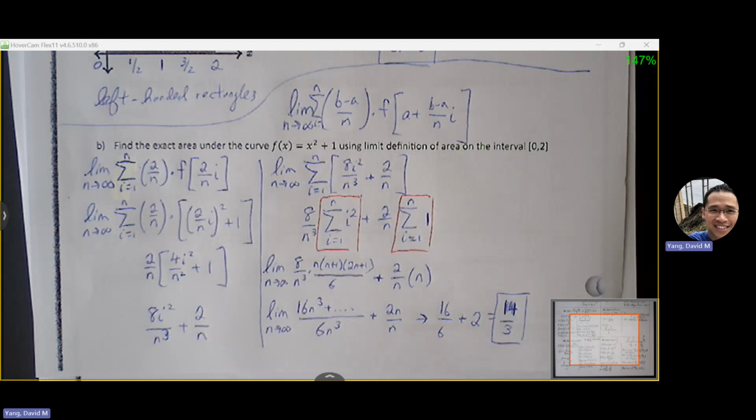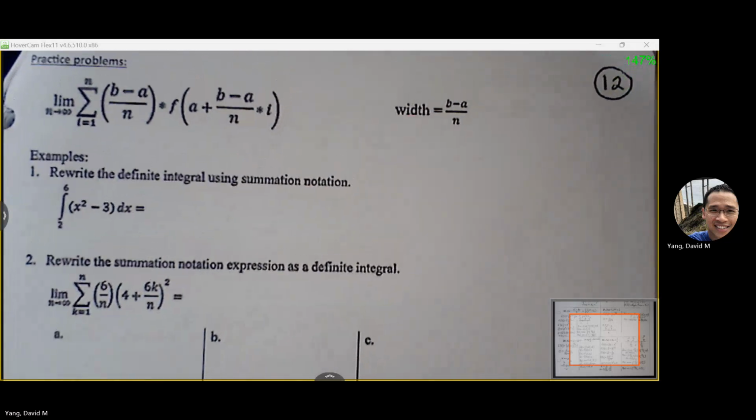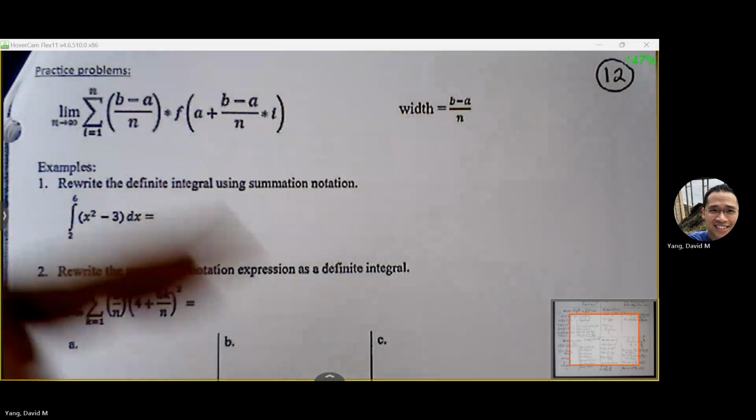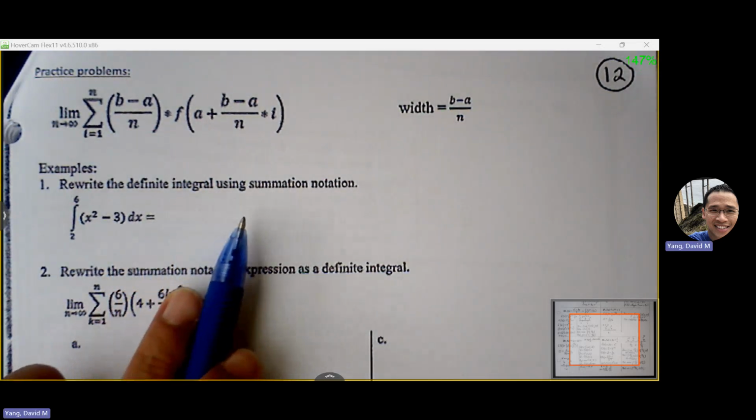Okay, next page, page 12. So number one, we're just going to practice rewriting the definite integral using summation.